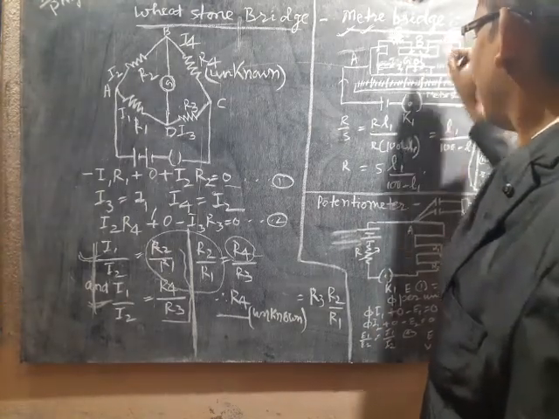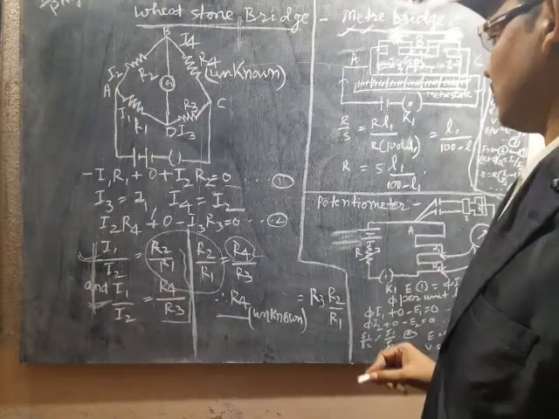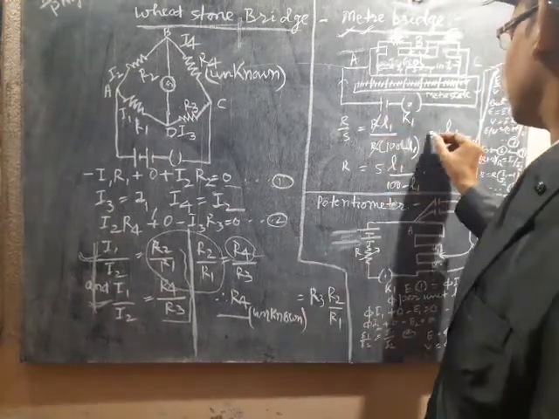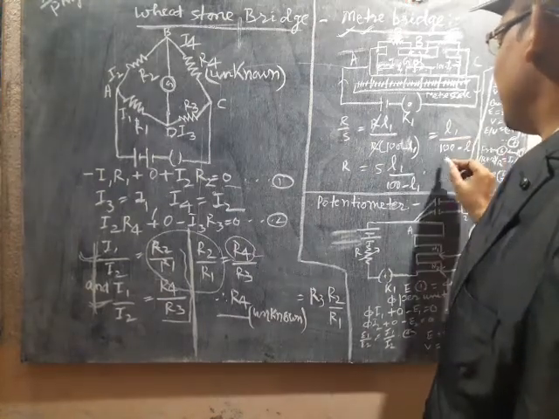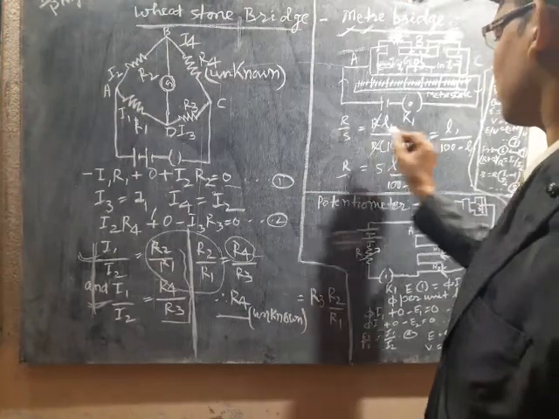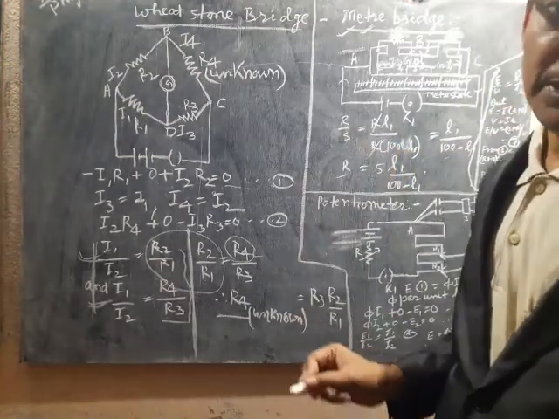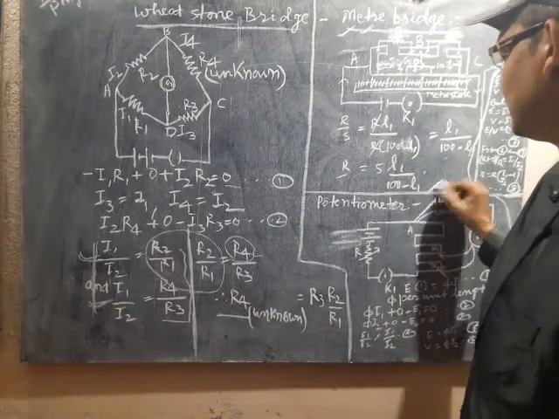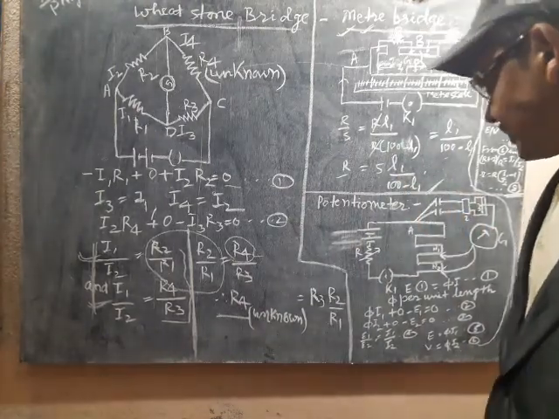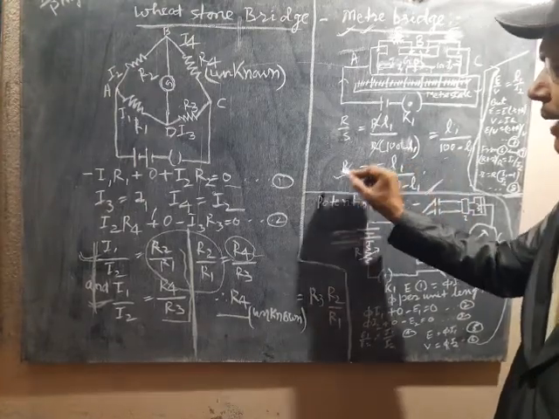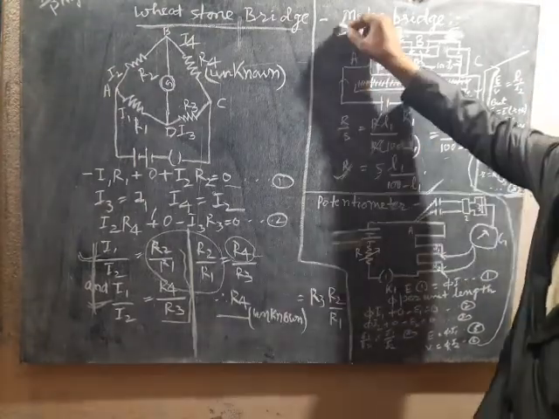Cancel R, R by S is equal to L1 by 100 minus L1. Now simply cross multiply: R is equal to S into L1 by 100 minus L1. If L1 is given, then you can find out the resistance using the meter bridge.